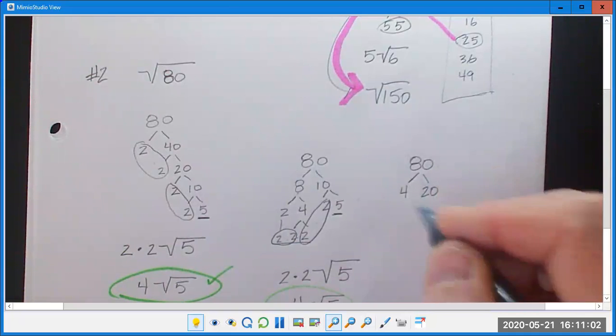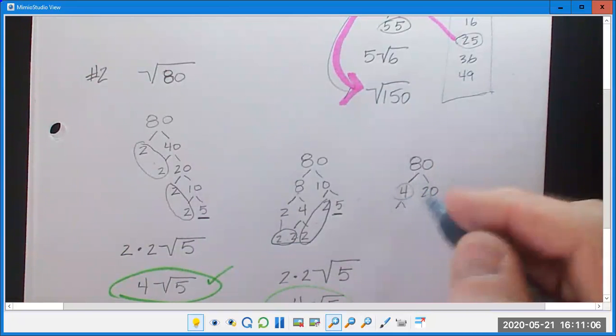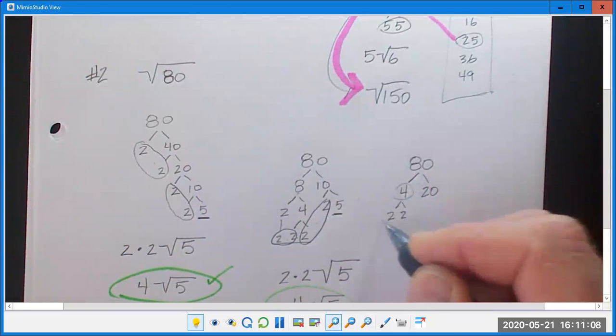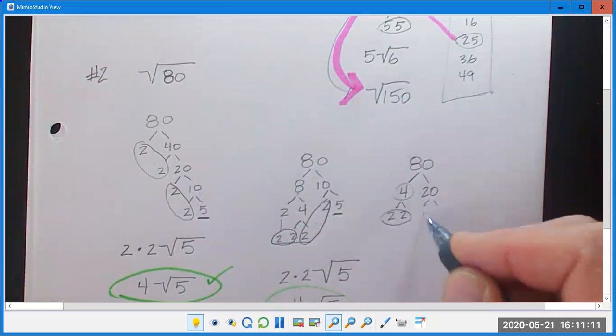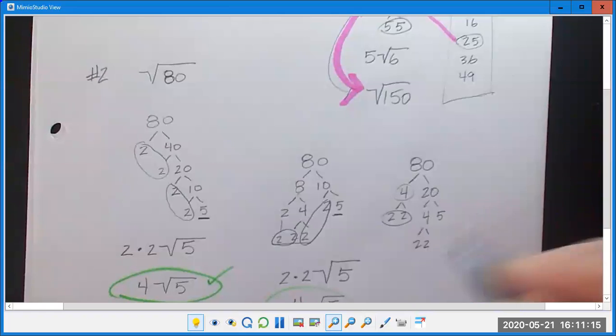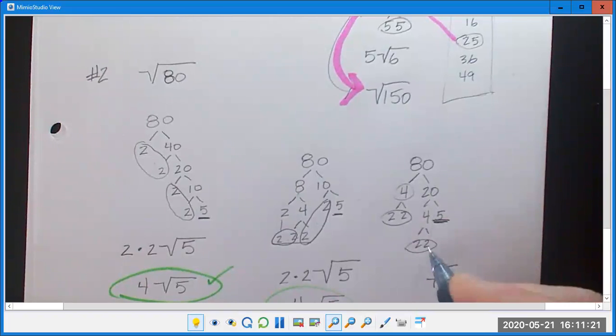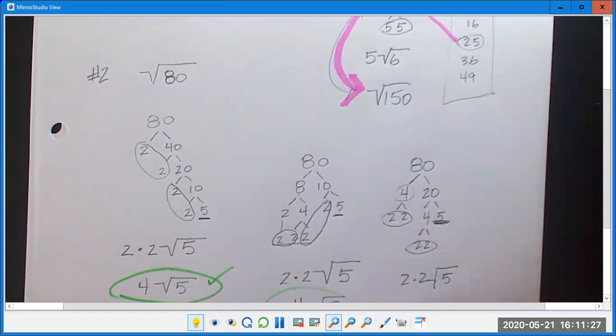So once I start to get good, I can tell that that's going to come out as a 2. And then I have 4 times 5, and this comes out as 2 times 2. So again, I end up with the 5 in the radical, and then a 2 times 2. And this is 4 radical 5.